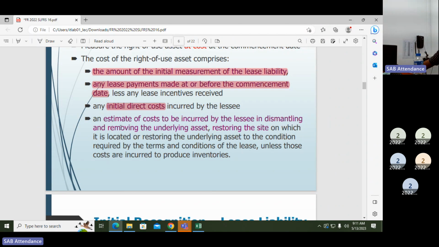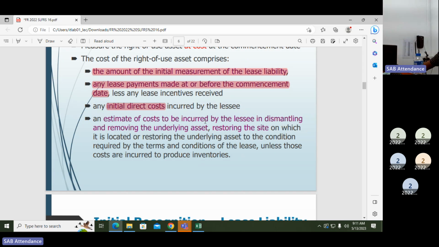Then any initial direct cost incurred by the lessee, you can add to the cost of the asset. That is the same as property, plant and equipment. If you are acquiring any asset, there may be legal charges. For example, you purchase a building, so you need to pay stamp duty, some legal charges.